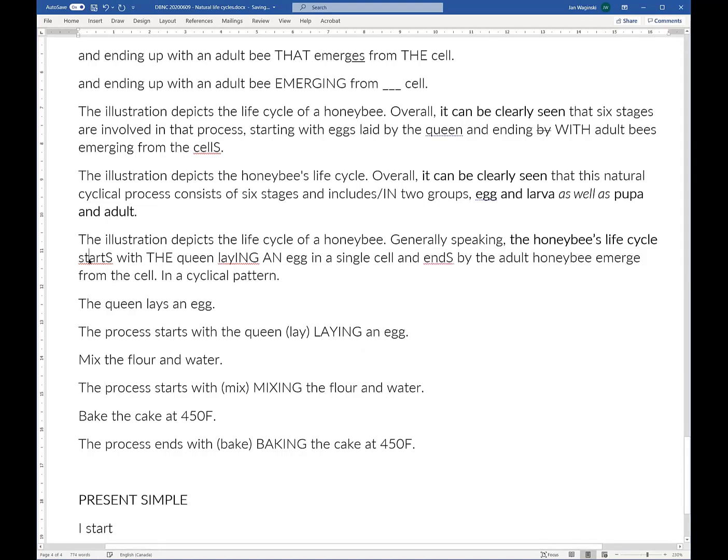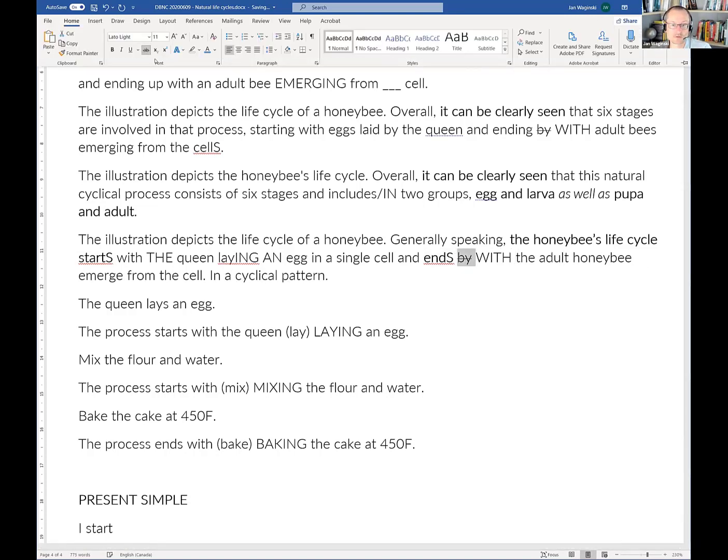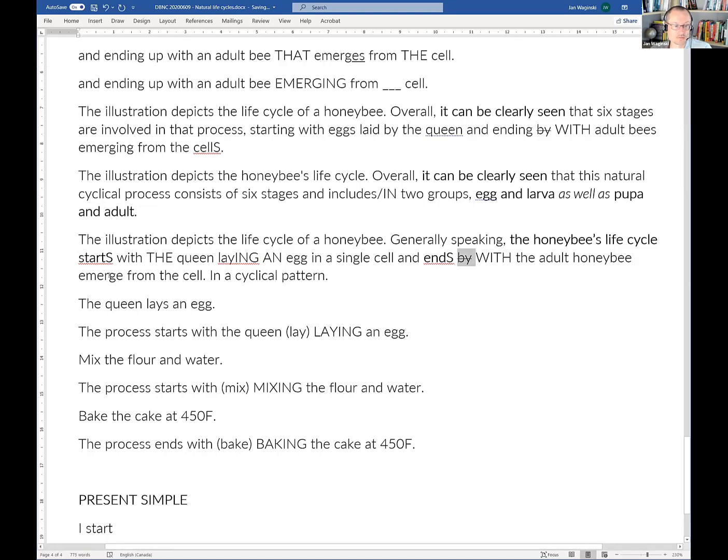Starts and ends. With the adult, yeah, you got to change that to with. Ends with the adult honeybee emerging. Yeah. And this needs a comma here, not here.